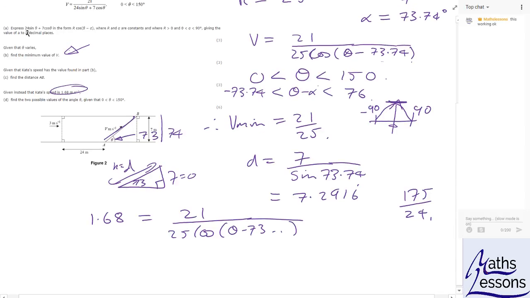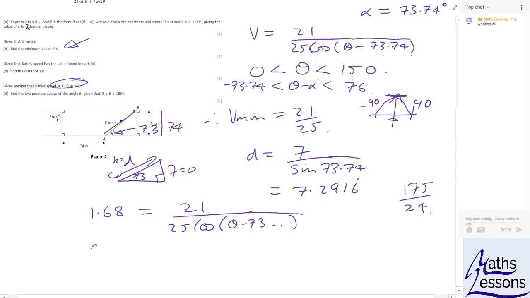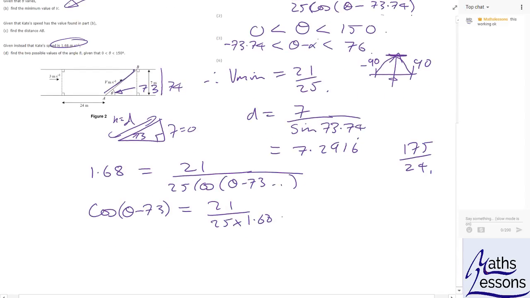So let's just rearrange this equation. So therefore we're going to get cos theta minus 73, I'm just going to shorten that to 73 for now, equals 21 over 25 times 1.68. And that comes out to be 0.5. So cos theta minus 73 equals 0.5.